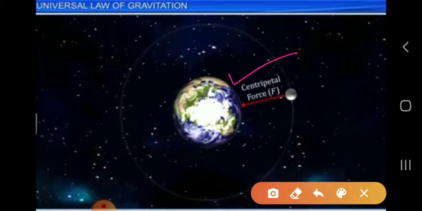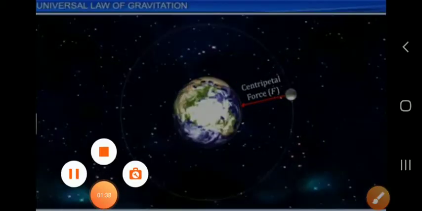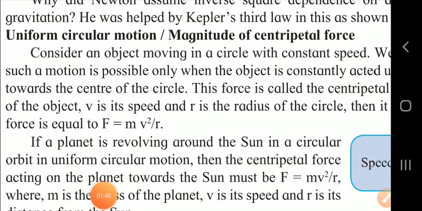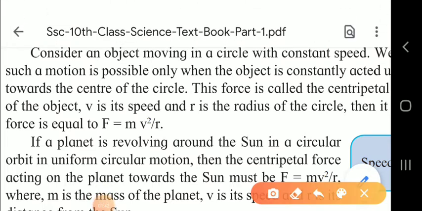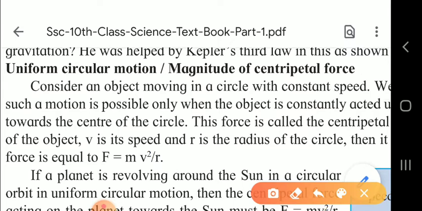This is the slide. Now let us start with our explanation part. So children, we can see here uniform circular motion or magnitude of the centripetal force. So let us start. Now we will consider an object moving in a circle with a constant speed.